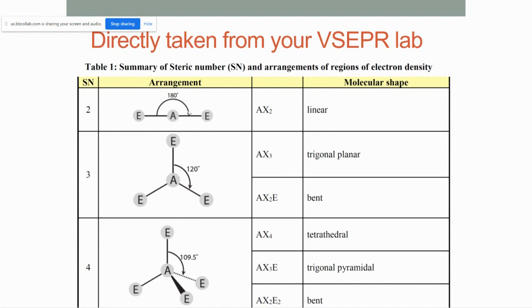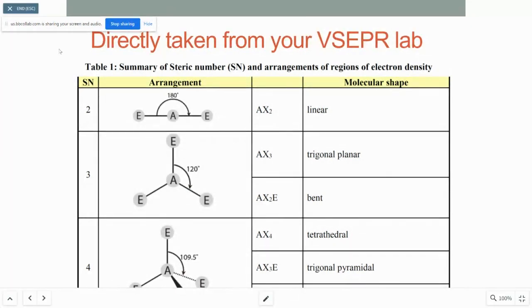I'll show you some real examples, and hopefully this will be more clear. I just want to make sure you understand what this steric number means. Again, remember, this will be given to you. It's open book and open note. So let's look at how to use this example.